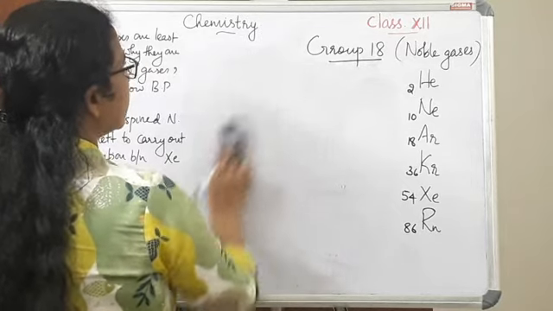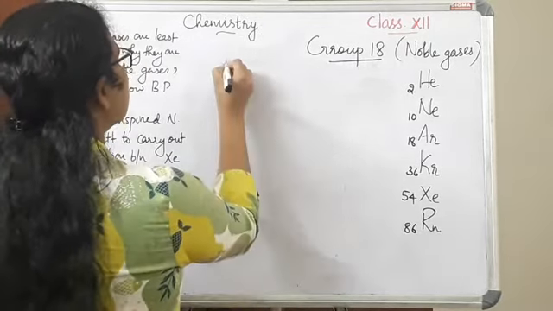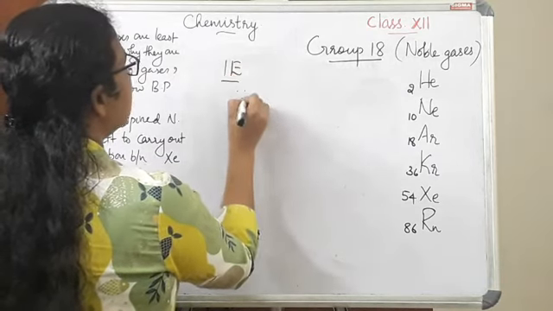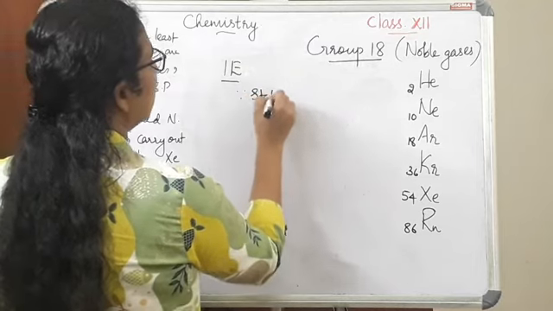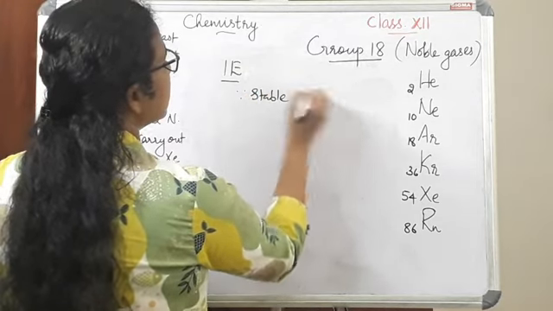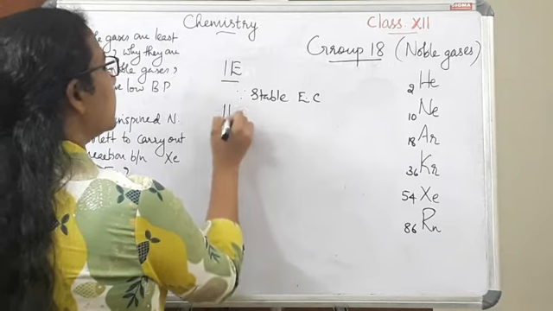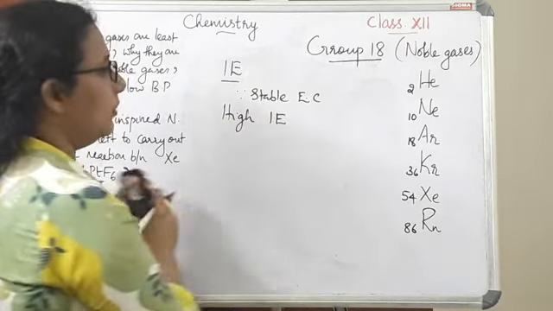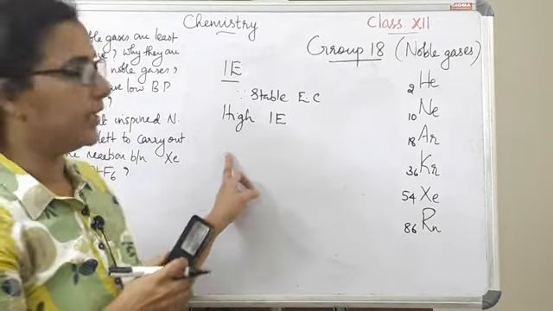Then comes ionization enthalpy. We have seen it has a stable electronic configuration. Since it has a stable electronic configuration, the ionization enthalpy will be very high. So noble gases have high ionization enthalpy.